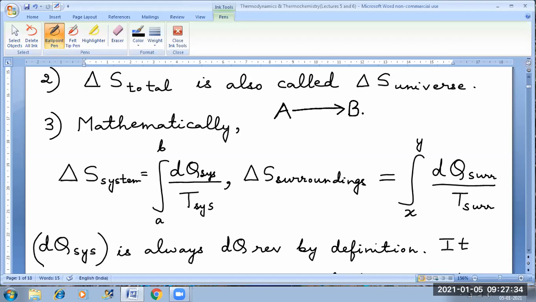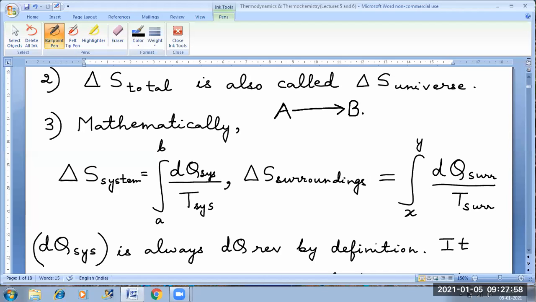So dq system is that value of heat exchanged by the system when the system undergoes a change in its state from A to B by a reversible process or maybe by a series of reversible processes.